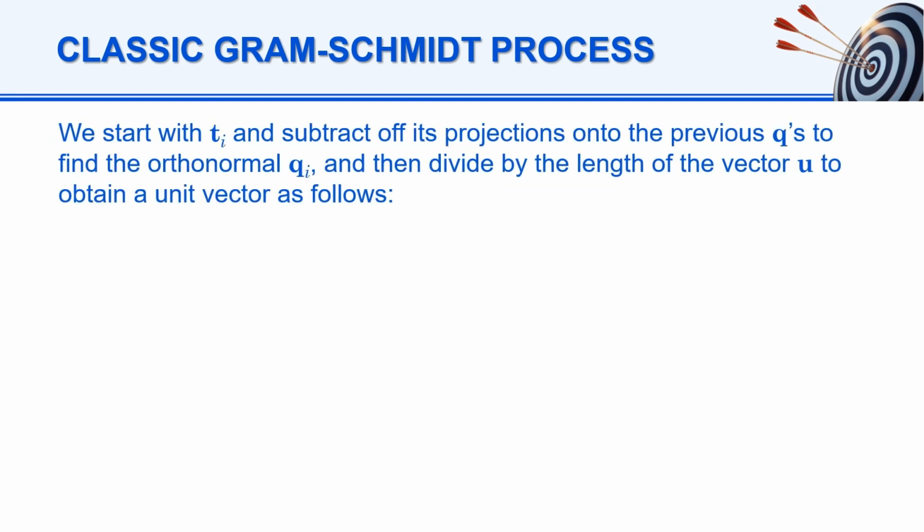We start with Ti and subtract off its projections onto the previous Q's to find the orthonormal Qi, and then divide by the length of the vector U to obtain a unit vector as follows.